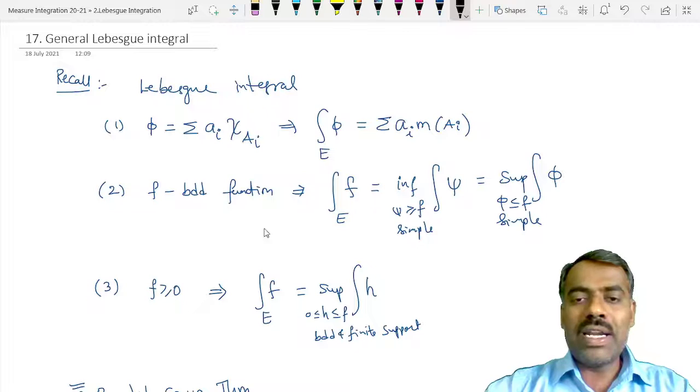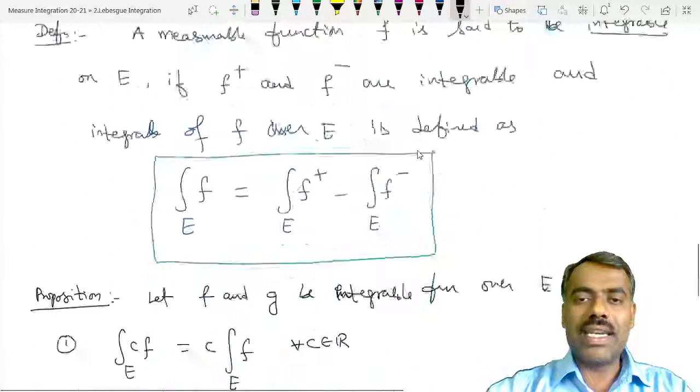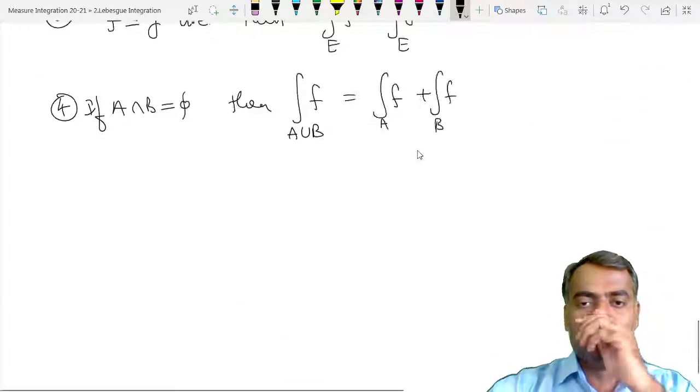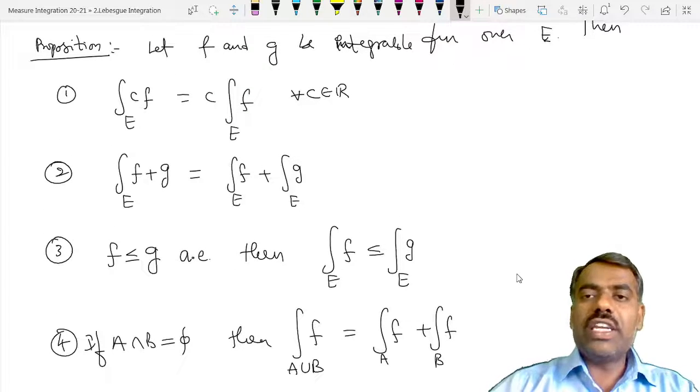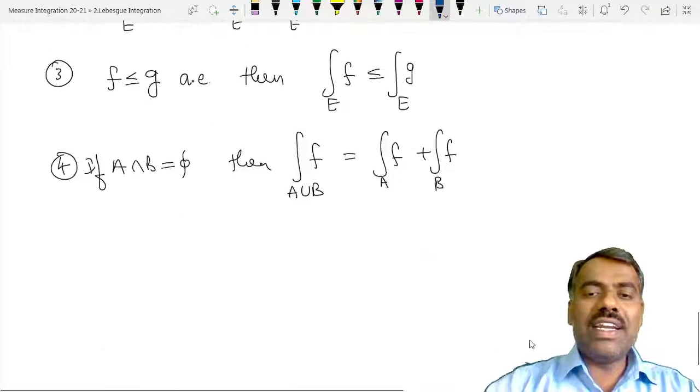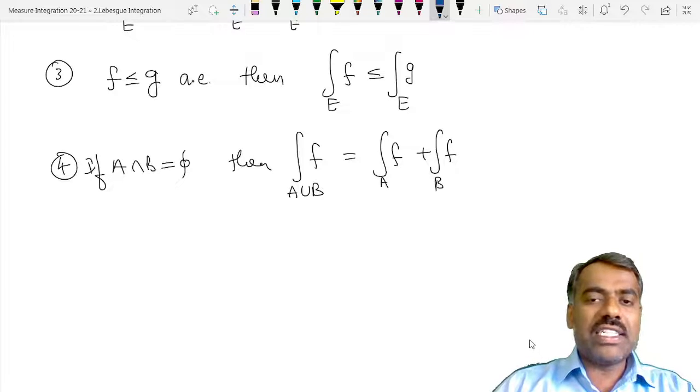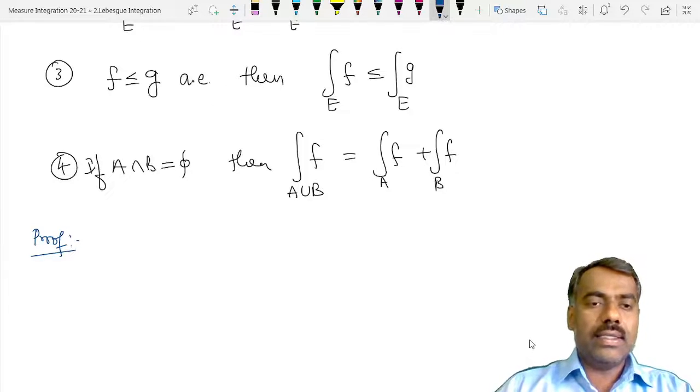If f is bounded, for that also we have seen those properties. Even for simple functions, we have seen such properties, right? Is that clear? So we can quickly prove. The only thing is, every time the definition of the integration of f is different, so the proof is a little bit different. But every time the results hold.